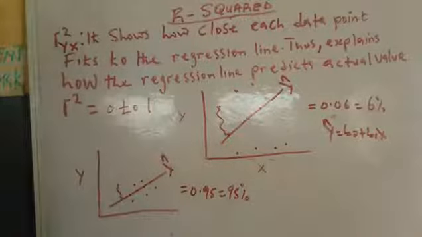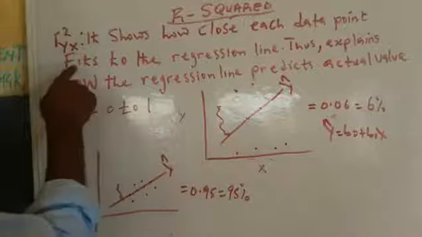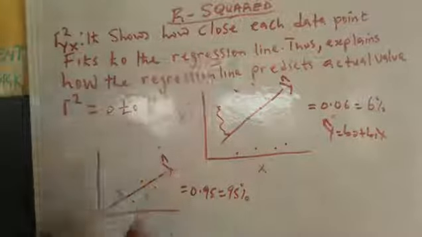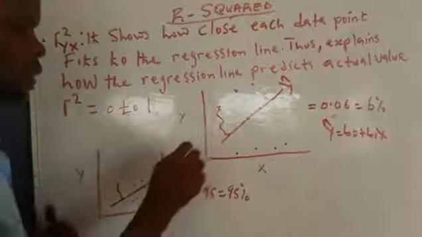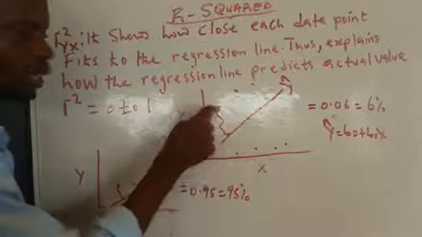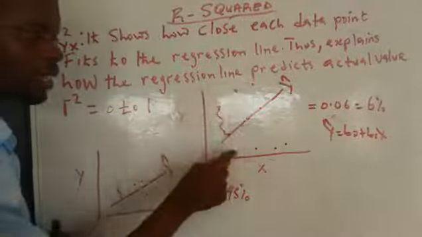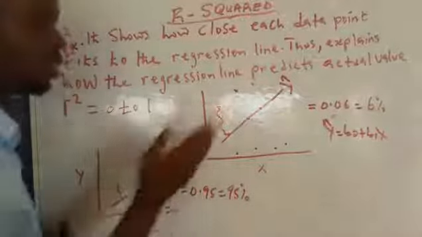Now, what is R squared again? R squared shows how close each data point fits to the regression line. If you quickly look at what I have on the board here, look at the points. Look at the deviation. This is the data point, and this is the regression line.